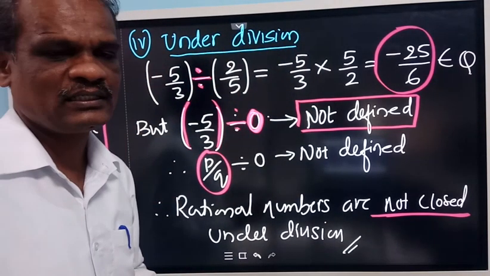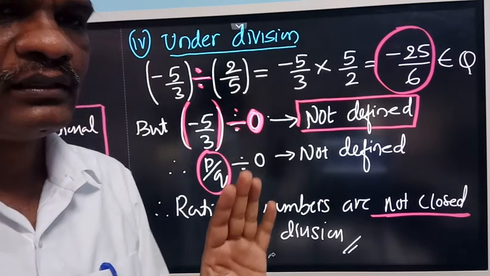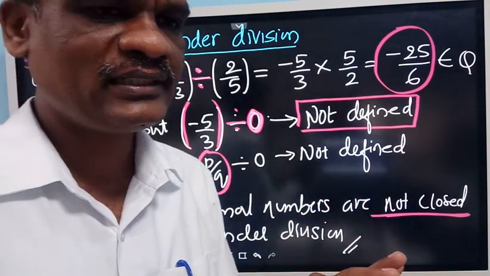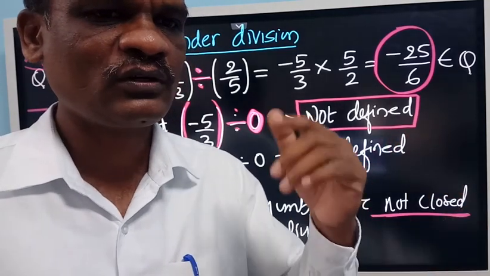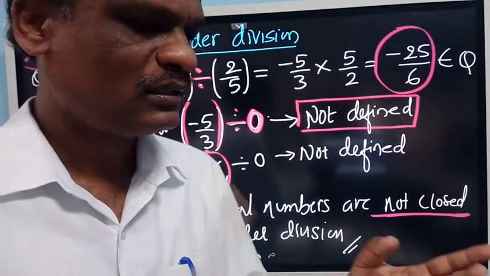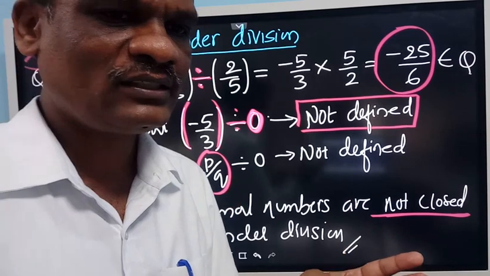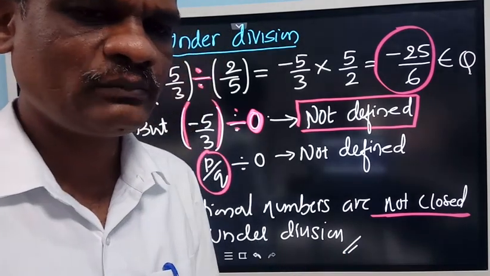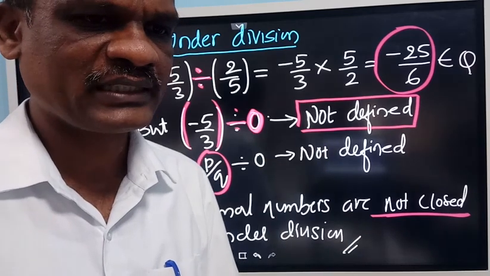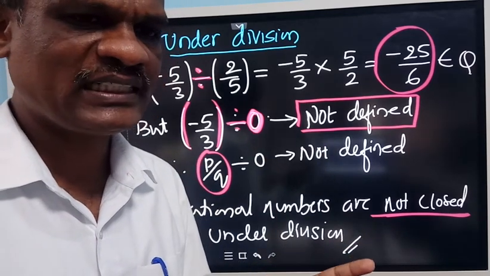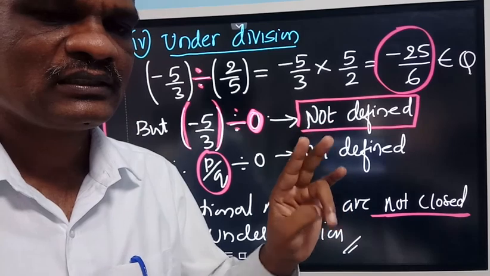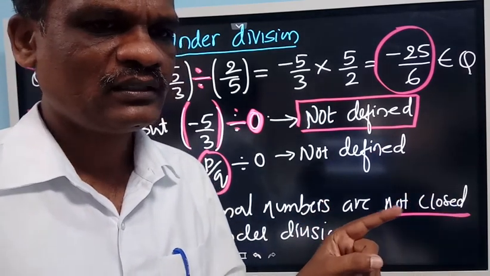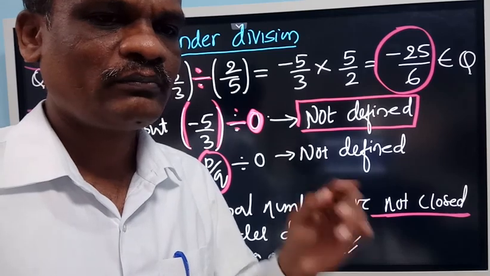See, we checked the closure property completely. Closure property means selected any two rational numbers, added them, getting a rational number, therefore they are closed under addition. Subtraction, selected two rational numbers, then you subtracted one from the other, you got a rational number, therefore it is closed under subtraction. Then multiplication, selected two rational numbers, then multiplied them, the product is also a rational number, therefore it is closed under multiplication.